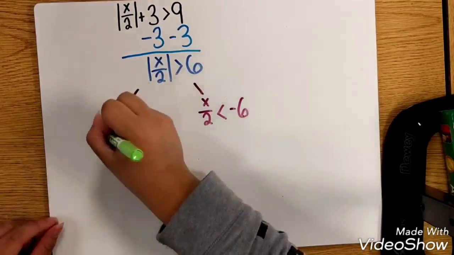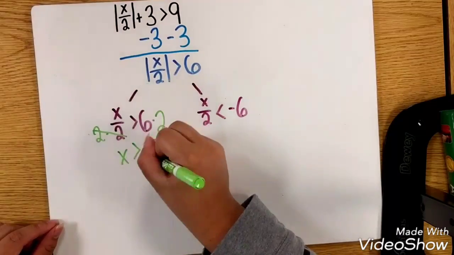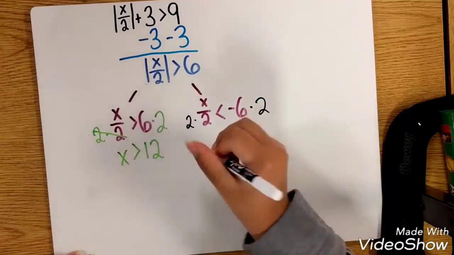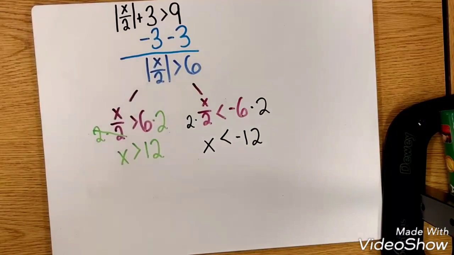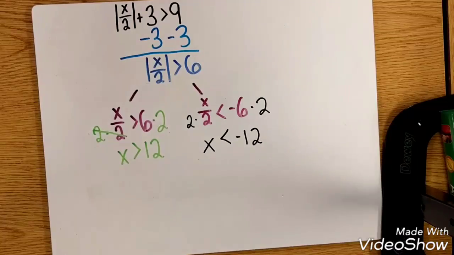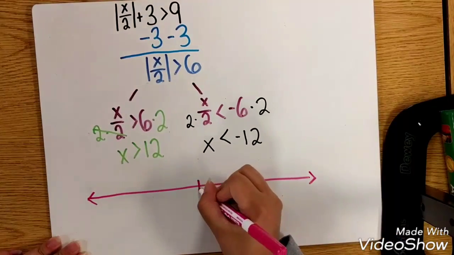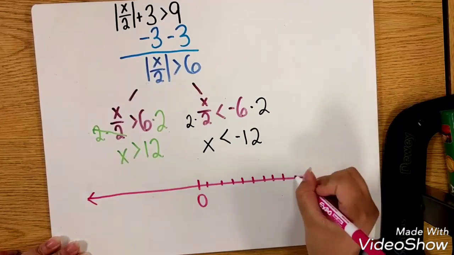We'll solve the inequality on the left first. Multiply both sides by 2 to isolate the variable, and our answer is x is greater than 12. We do the other side the same way, and our answer is x is less than negative 12. Now we draw our graph, and we label both sides of the zero.